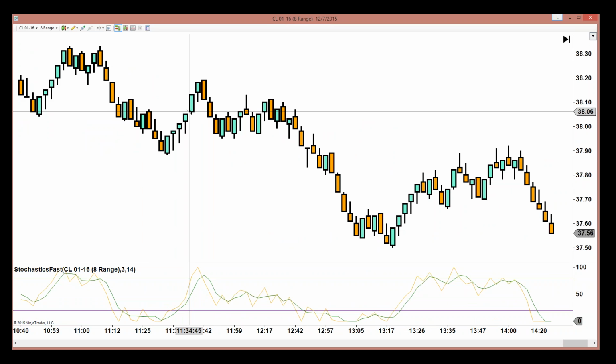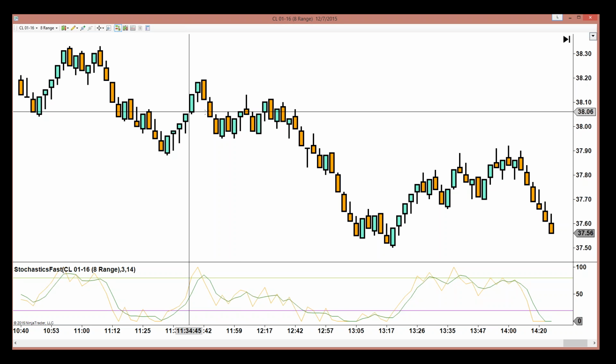Now, I've seen a lot of software packages that use stochastic on Renko bricks. Stochastic does not work on a traditional Renko unless the Renko has a wick.